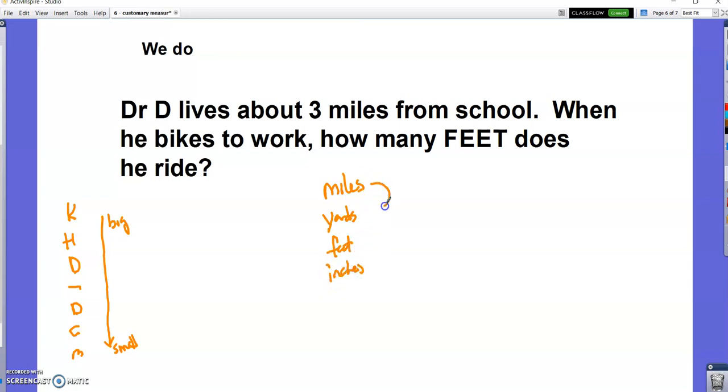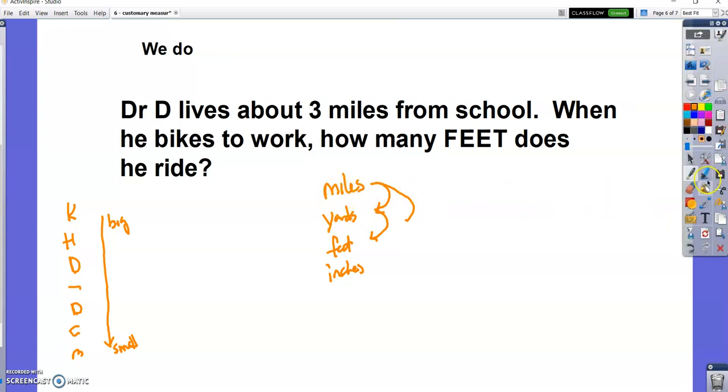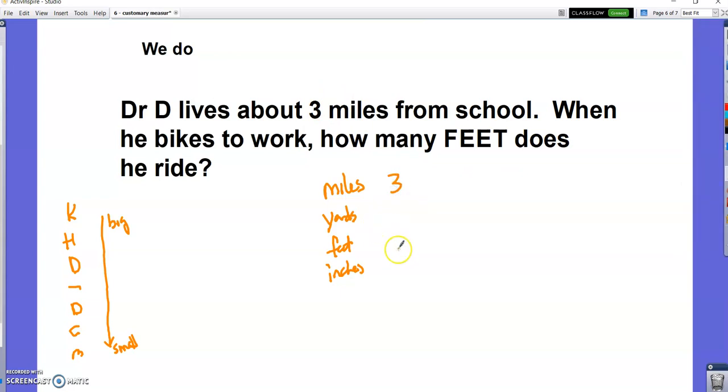And it's kind of weird here. I'm not going to make two steps here. I'm not going to go miles to yards, then yards to feet, because I actually don't know miles to yards. For whatever reason, most people know how many feet are in a mile. So we're actually going to get to skip yards, which is nice. So I know I ride 3 miles to work, and I want to know how many feet. And that's the one that's a pain.